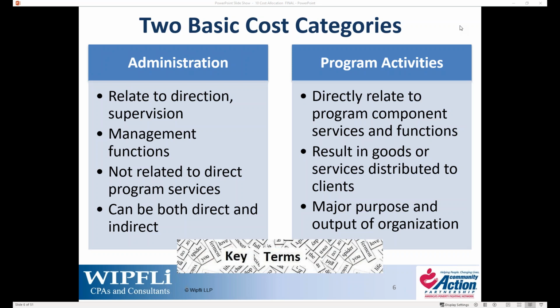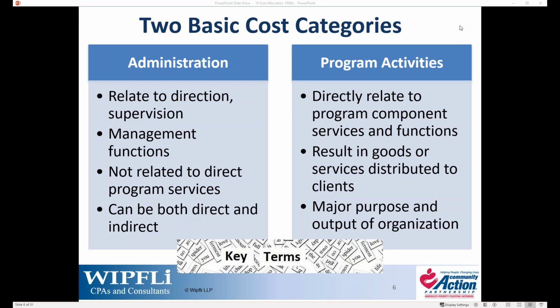One is administrative costs, the other are program costs. The administrative costs relate to the direction and supervision of the organization, the overall management functions of the organization. And it's not related to direct program services, even though the program benefits from these types of costs. These costs could be allocated both directly or indirectly, and we're going to talk about those two methods in a moment.